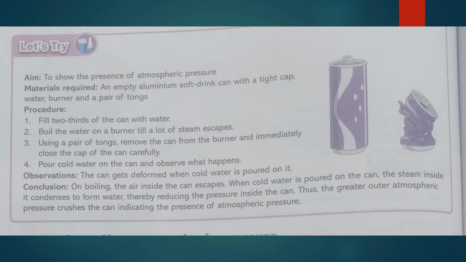Thus, the atmospheric pressure is greater than the inside pressure, so the can becomes deformed. I already informed you that any object can retain its shape if inside air pressure and the atmospheric pressure are equal.